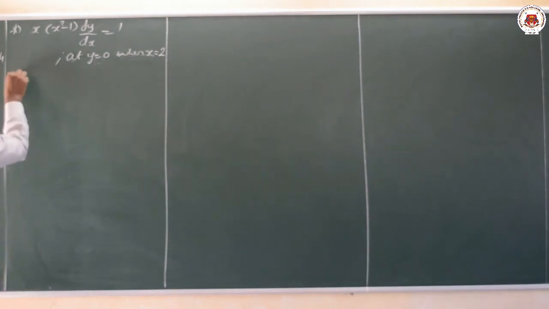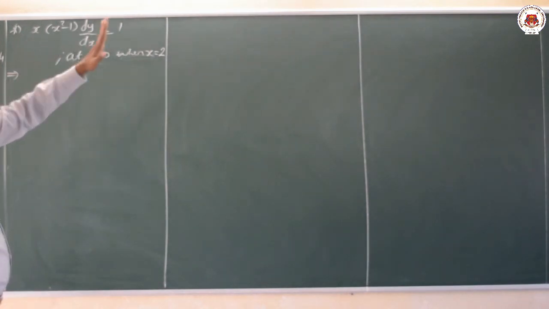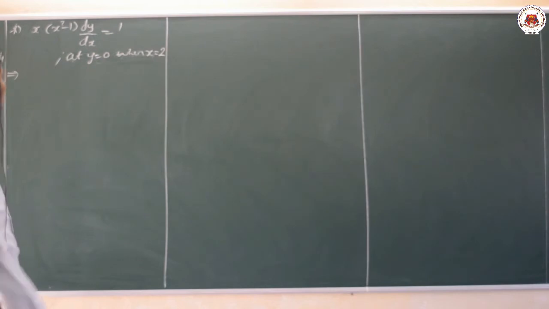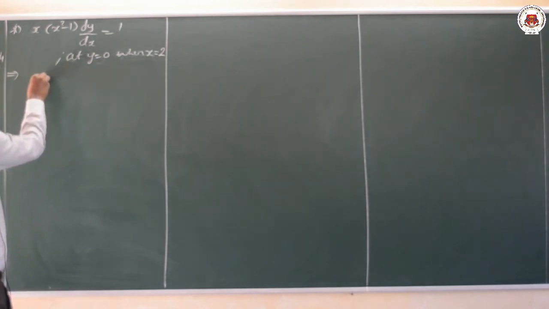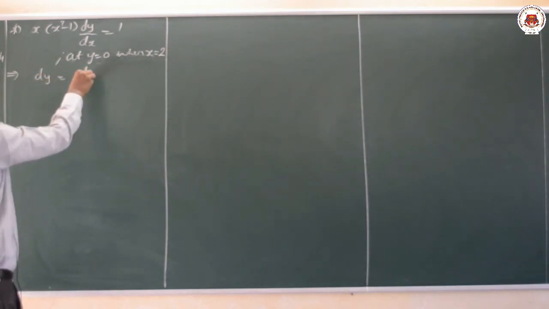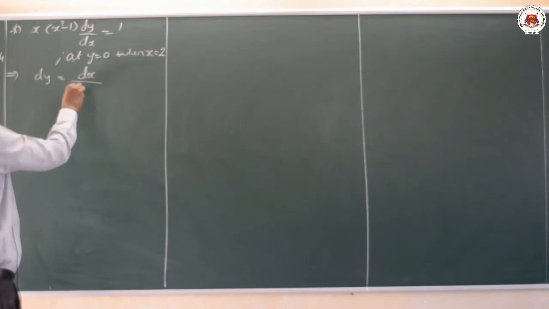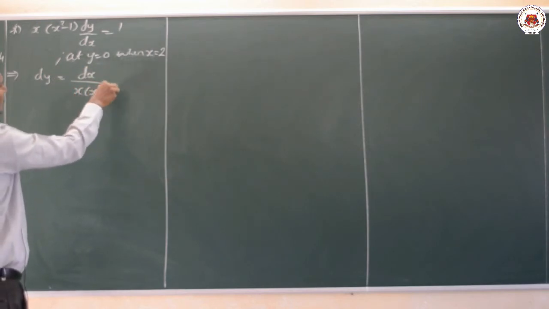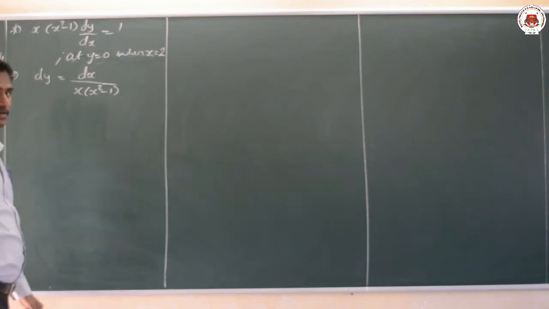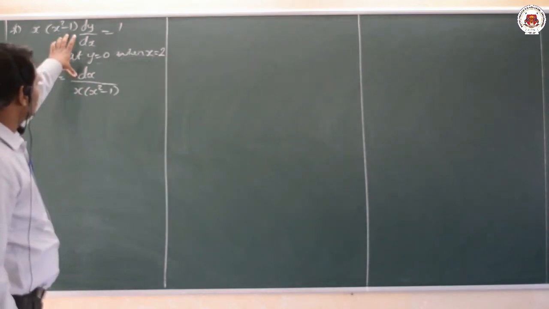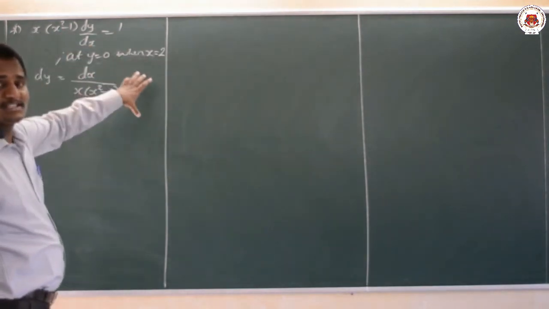First of all, the given problem we can frame in variable separable form here. Can I write it as dy equal to dx divided by x into (x² − 1)? Now, dear students, that itself is nothing but our variable separable form.